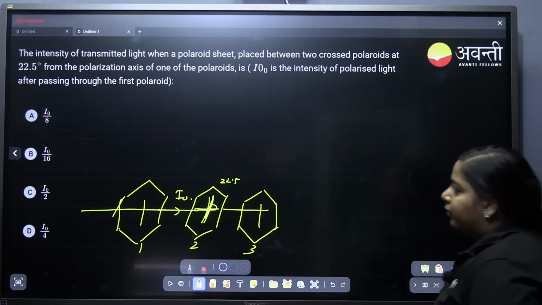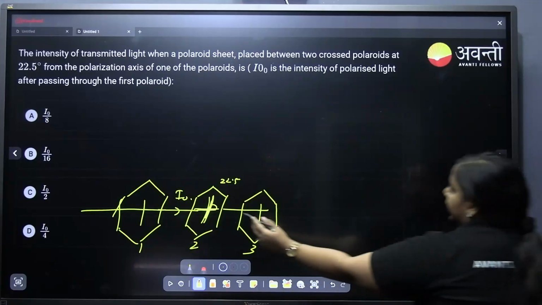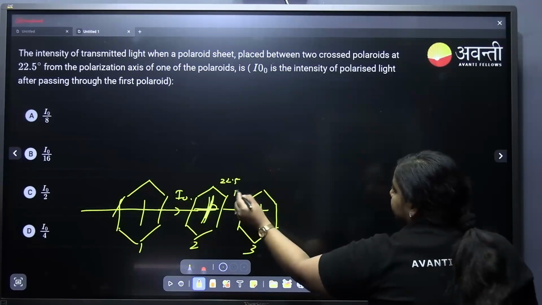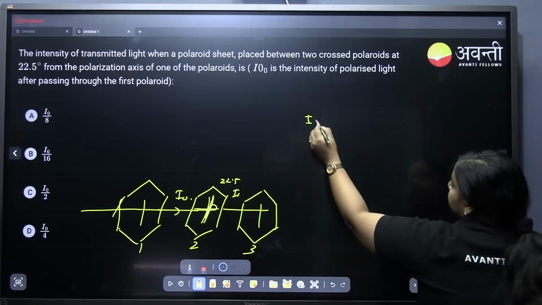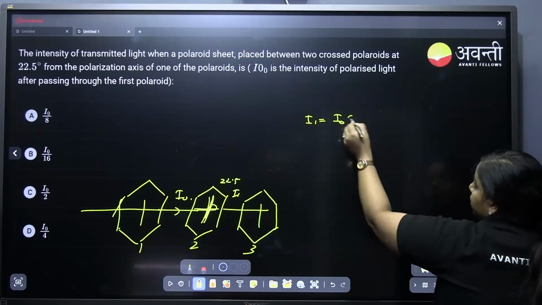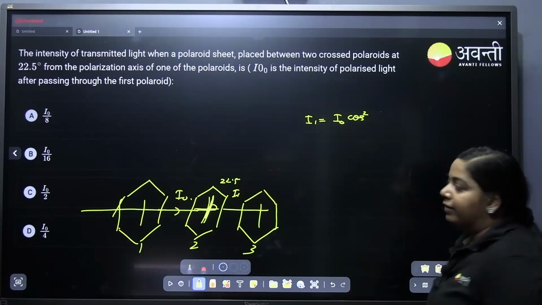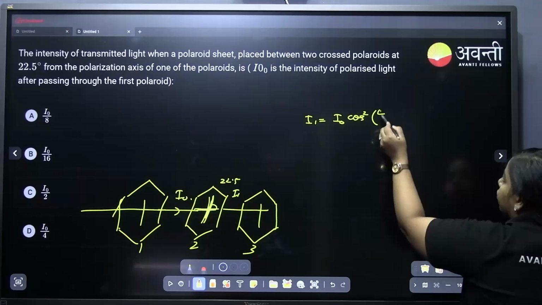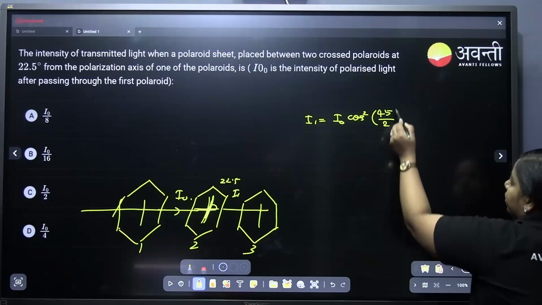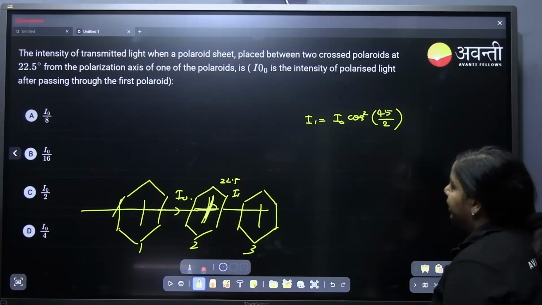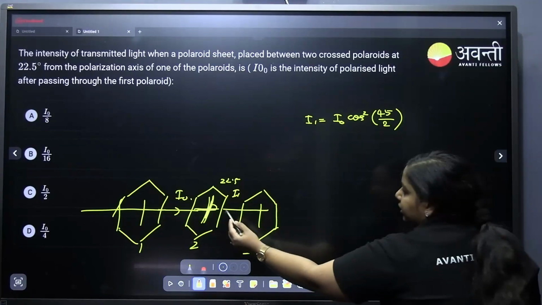Now what we are doing? We will write it as, after the first one, the intensity, let's say I1. I1 is equal to I0 cos square. Instead of writing 22.5, we will write 45 by 2. 45 by 2 is 22.5. This is I1 at this point.